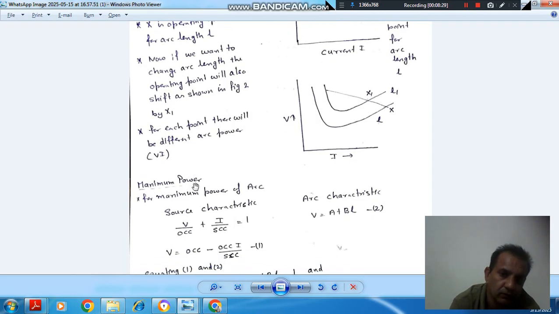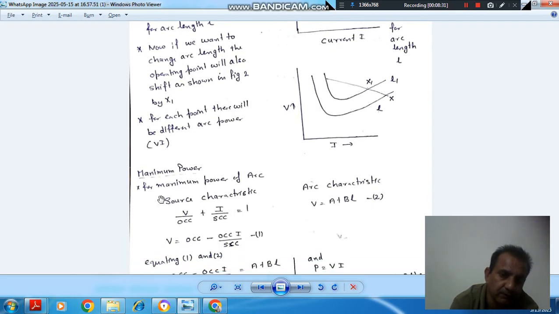Now to find the maximum power, we have source characteristics as V by OCV plus I by SCC equal to 1, and arc characteristics as V is equal to A plus BL. We can modify this also: V equals OCV minus OCV by SCC into I. So this is equation number 1 and this is equation number 2.